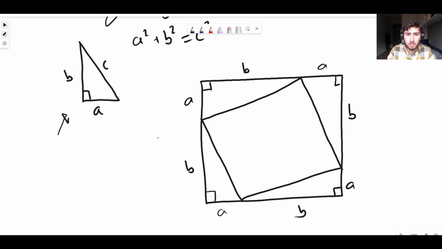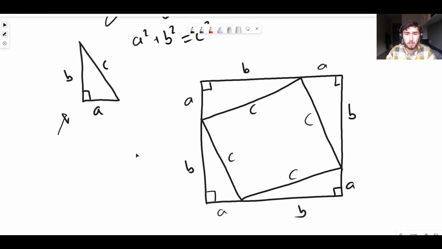Now that means that this length here must be C. Do you see? Because this triangle is the triangle that we've got over here. So of course this is a right angle triangle, so we've got the lengths A, B, C, which means that this length is also C, this length is also C, this length is also C. So there's a lot of labels on this, but I hope that makes sense.